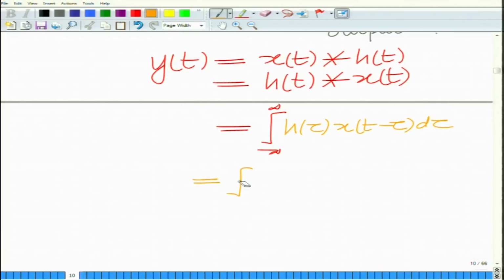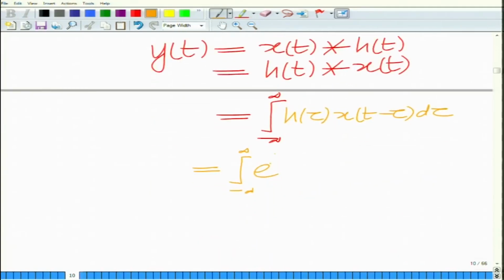Here h of tau is e to the power minus tau u of tau, and x of t minus tau is u of t minus tau.